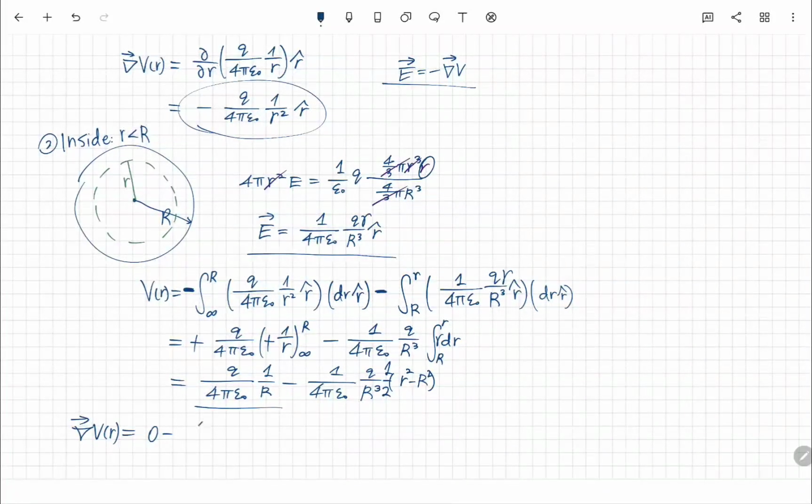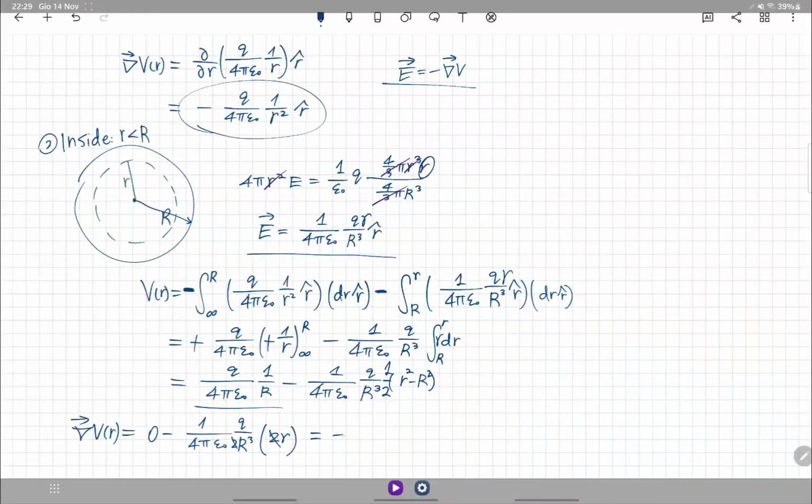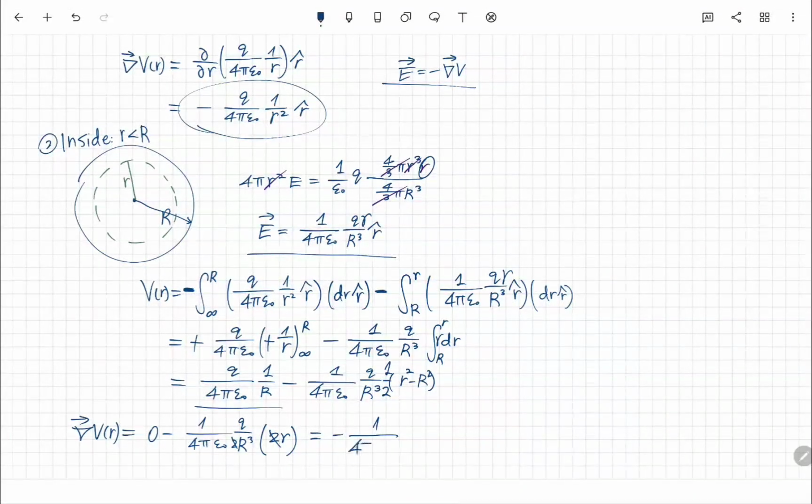Minus 1 over 4 pi epsilon naught Q over R to the third, a half, I'll put it here, and this here we have 2r, and these two cancel, gives us minus 1 over 4 pi epsilon naught Q over R to the third times r.